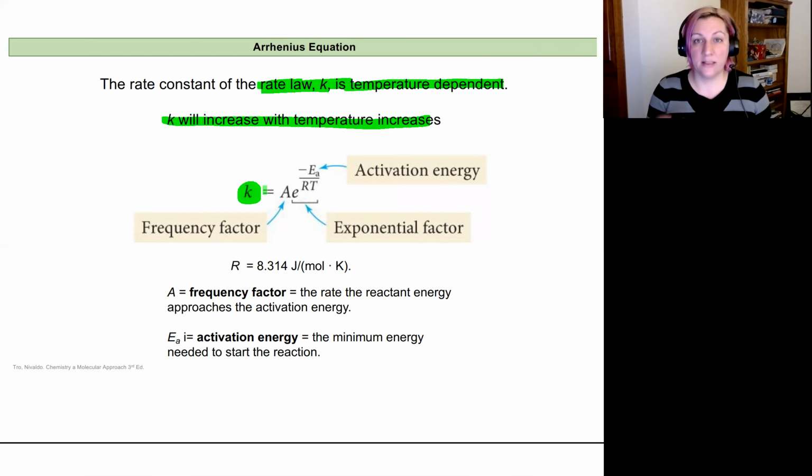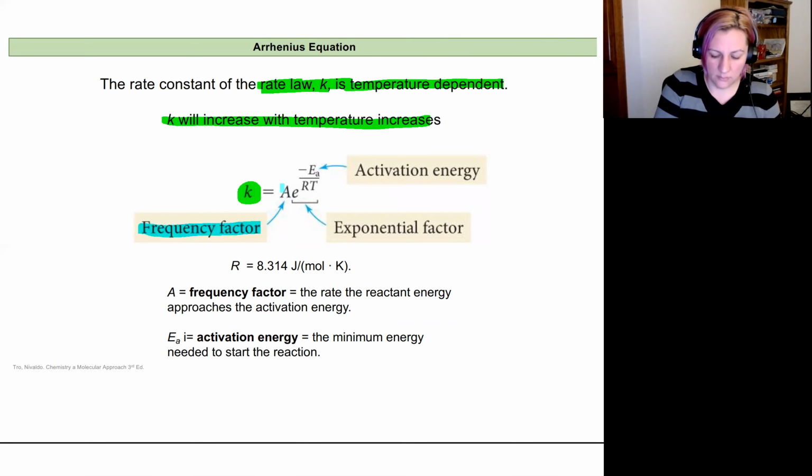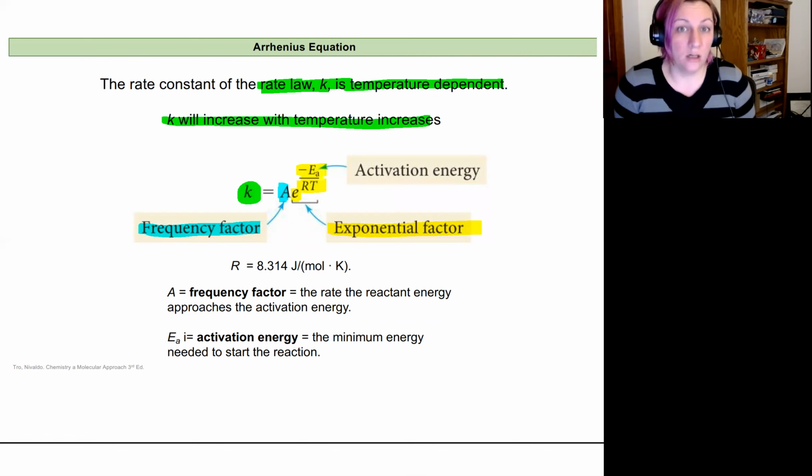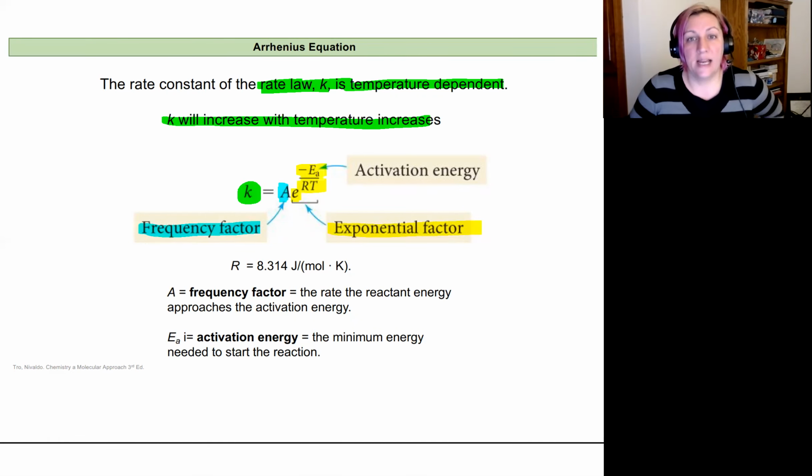We've been finding this algebraically from experimental data, but k is equal to a frequency factor, A, times an exponential factor, which has a lot of fun things in it. It's e to the negative activation energy divided by R, our constant, times T.